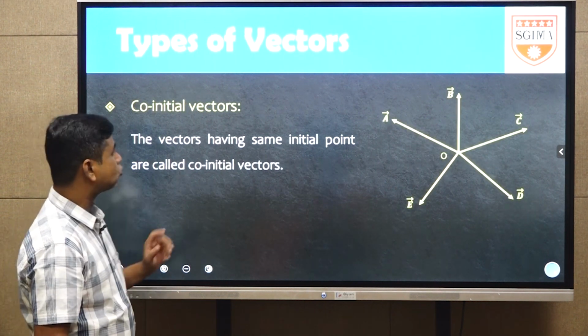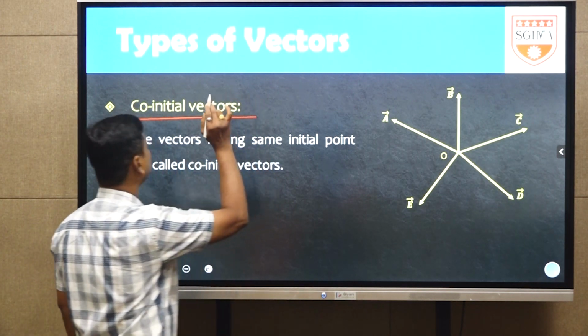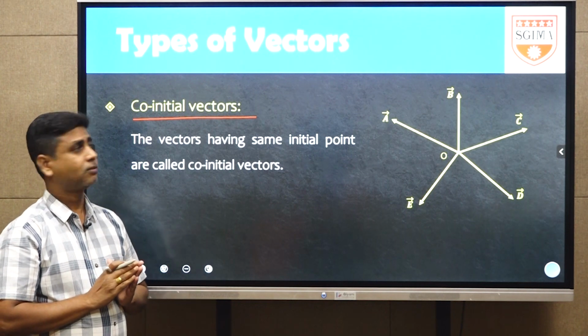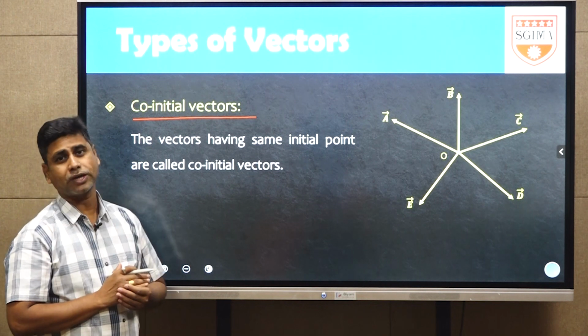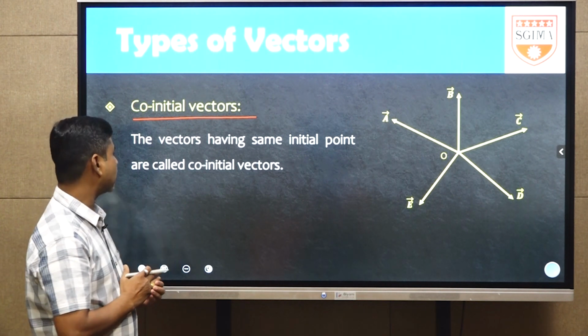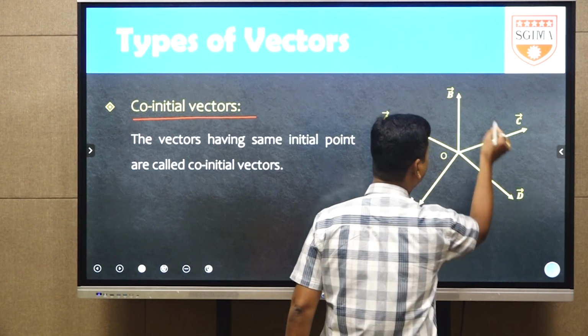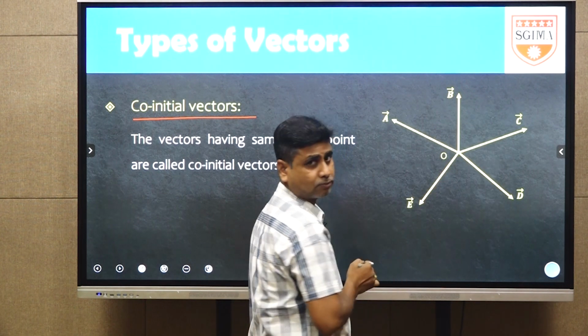Next is the co-initial vector. What does it mean? Co-initial means common initial point. Vectors having the same initial point are called co-initial vectors. Here we have taken vectors a bar, b bar, c bar, d bar, e bar.